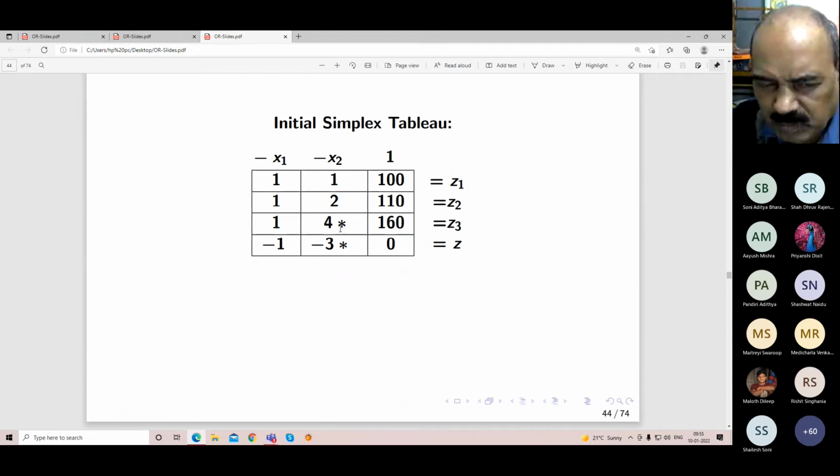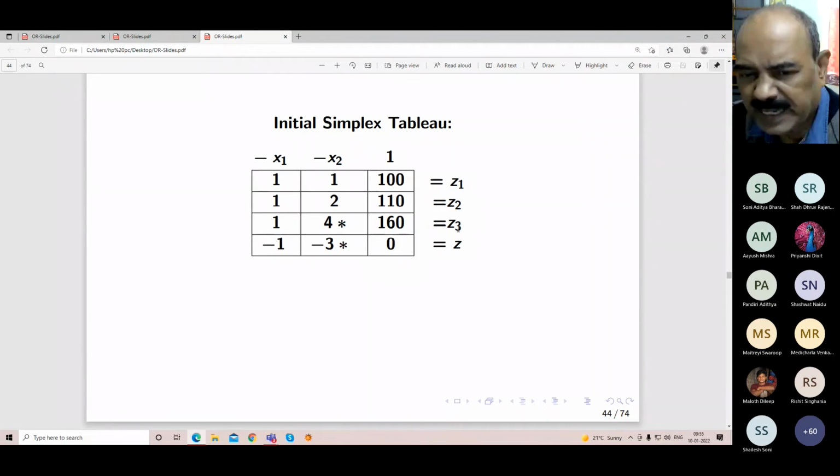So in the next table, this is happening with respect to the third row and second column. In the next table, this Z3 will come to the X2 place and X2 will go to the Z3 place. As a result, we will write minus Z3 in the next table, and in place of Z3, you will write X2.